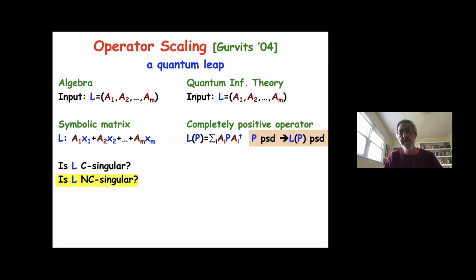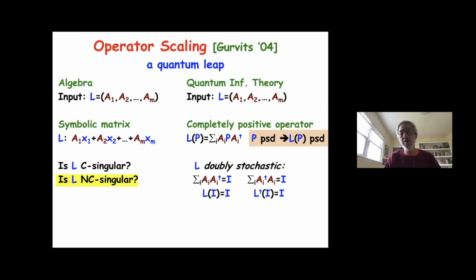Okay, so there's a meaning, and there are questions about positive operators. As I said, there's a meaning to double stochasticity of operators, and it's written again here. And one interpretation is just when you feed the identity matrix to the operator and to its dual, you get back the identity. And this is meaningful in quantum information theory.